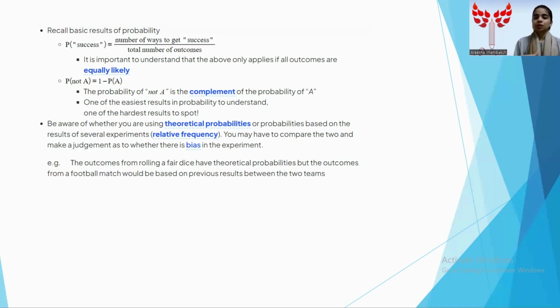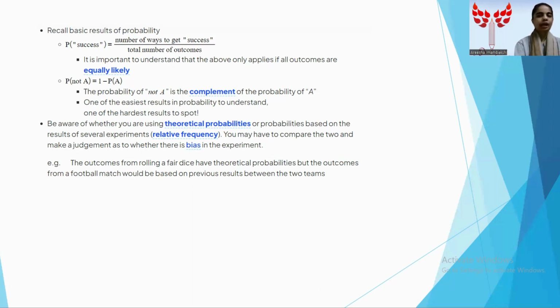If you want to get the outcome of a football match, you do not have theoretical probabilities in that case, right? What you only have is the previous results between the two teams. So there can be biases in the experiment, and you need to be aware of them, because that is how the theory part can be tested.